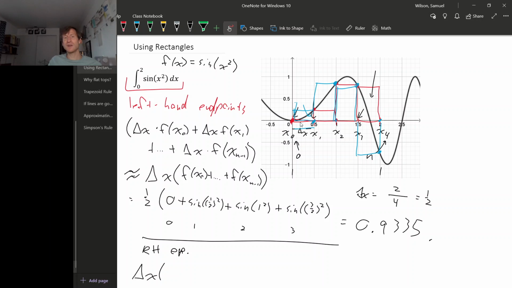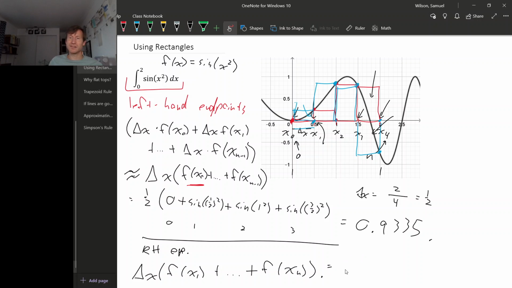The height for the first rectangle, instead of being the function at x sub 0, is now the function at x sub 1. So f of x sub 1, and so on, up to the last one. And for the last rectangle, we use the last x value, so f of x sub n. All right, so this is for right-hand endpoints.